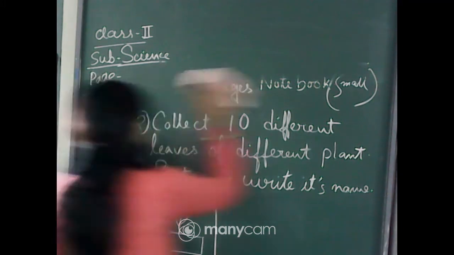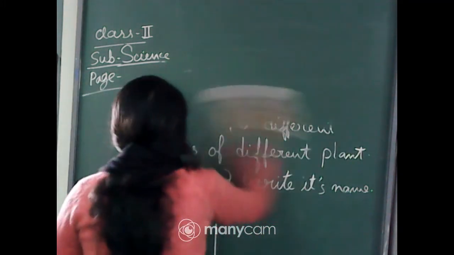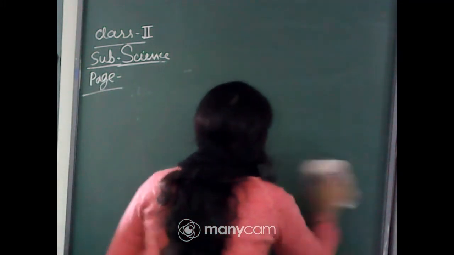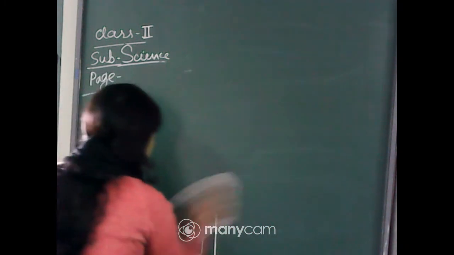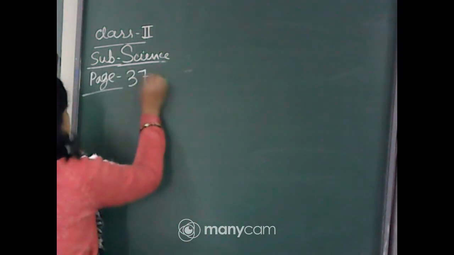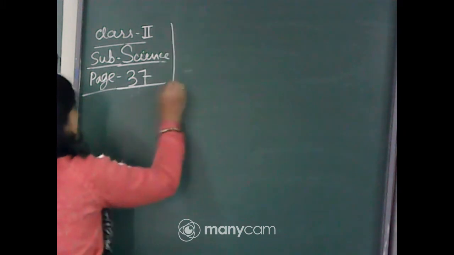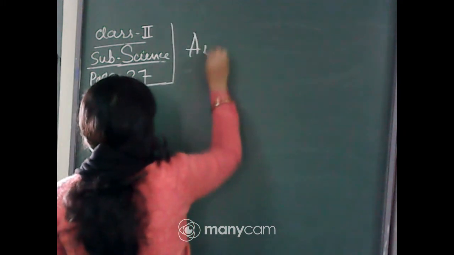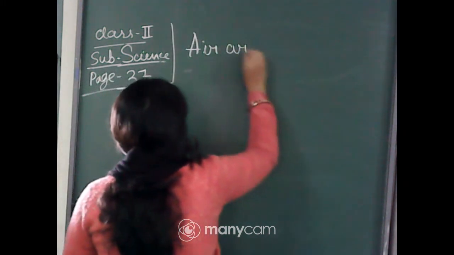Okay. Now open the chapter Air Around Us at page number 37. Page number 37, and the name is Air Around Us.